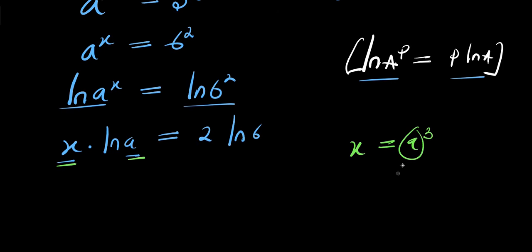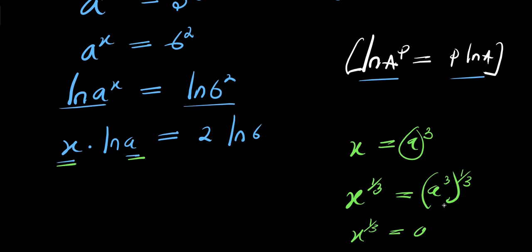Let's isolate a by multiplying this exponent by 1/3. So x^(1/3) equals (a^3)^(1/3). So we have x^(1/3) equals a. We have a left. That means a equals x^(1/3). We replace this a with x^(1/3).